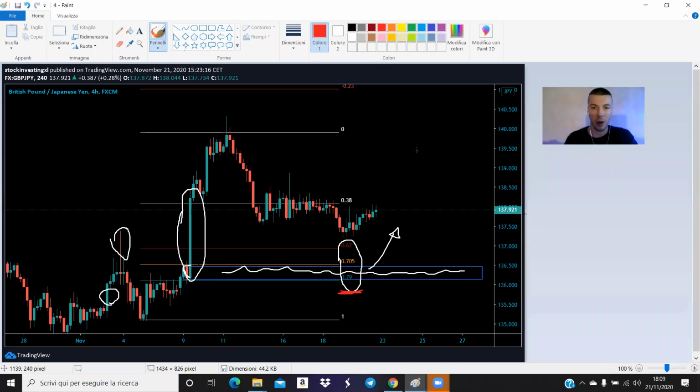Take profit probably, let me see. Well, it depends what's going to happen later, but probably here, since we had this push, so take profit probably here, and this is another very good one. Or even if you want to wait longer and do a swing trade, our take profit could have been here.